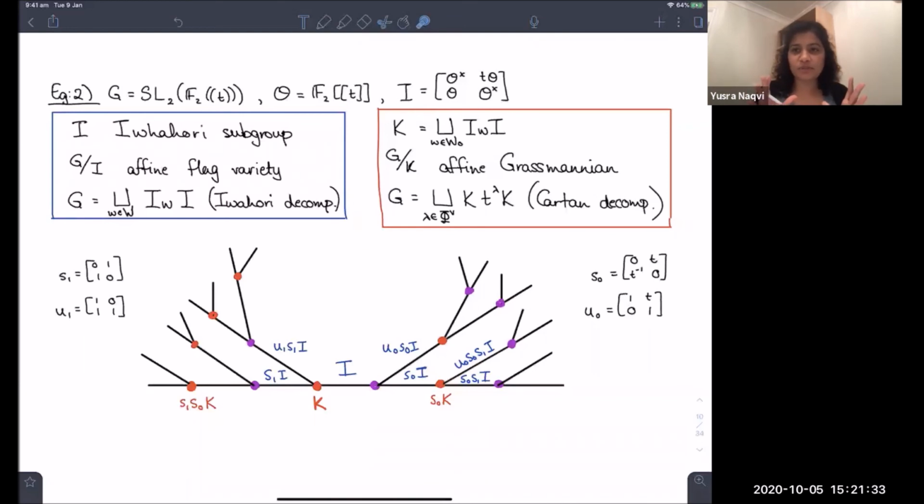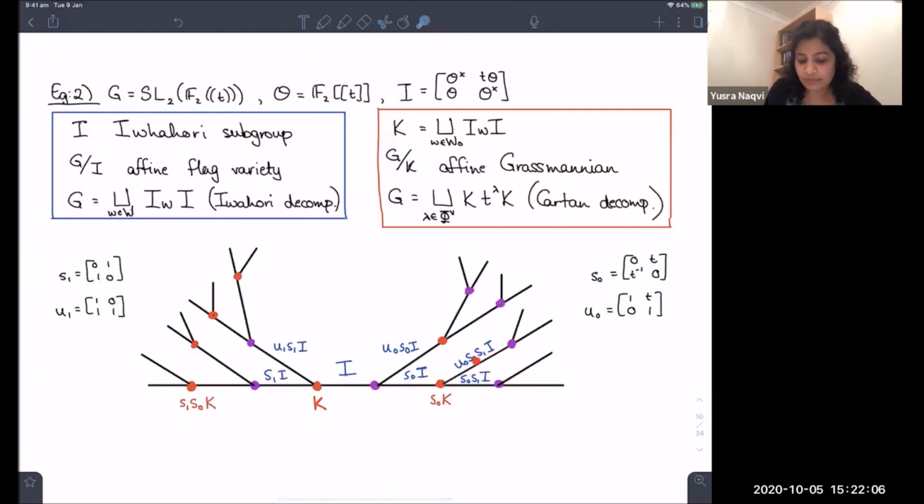These things can be more precisely defined, but I think that's going to take us a little bit far afield. What I need in the building again is the stabilizer, or something that is represented here. And then everything else in G, all my other cosets here, give me my affine flag variety, and I have a very similar decomposition to what I had with the Bruhat decomposition. So right now I'm just describing what is in the blue box. I'll get to the red box later. But in this case, I'm looking at cosets of I.